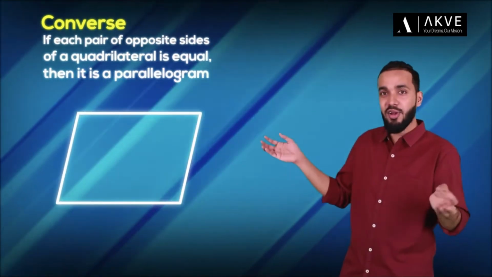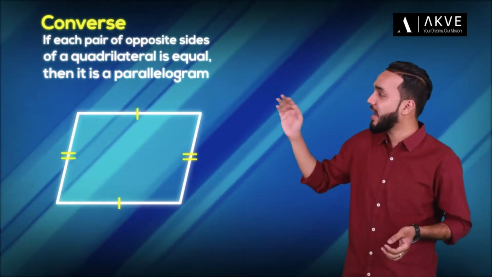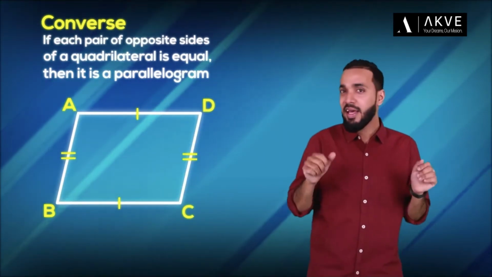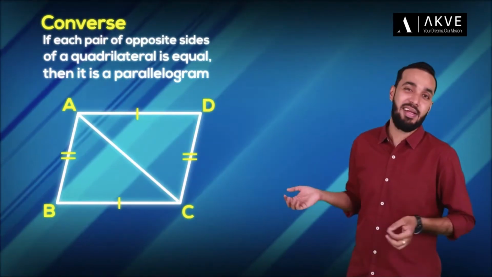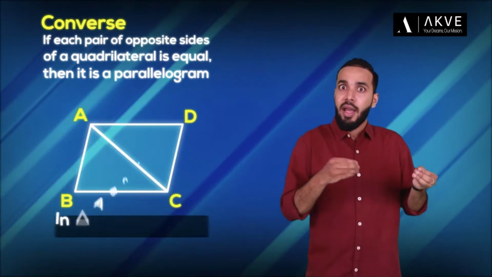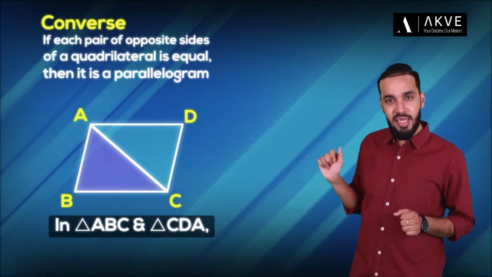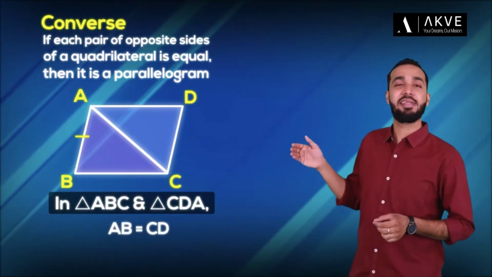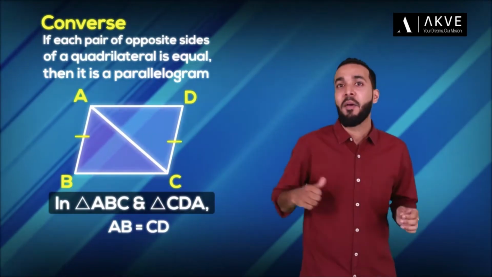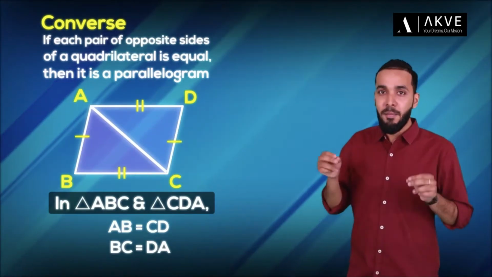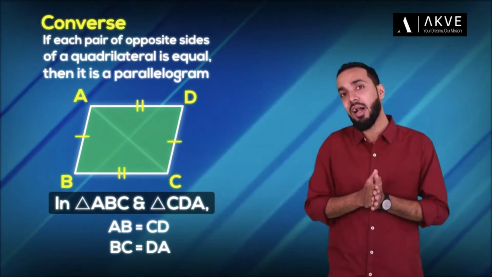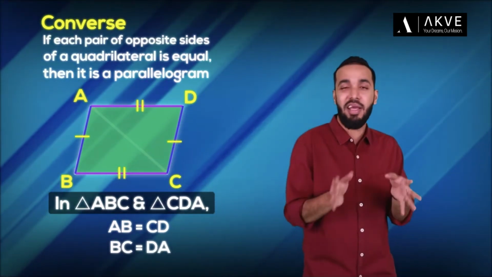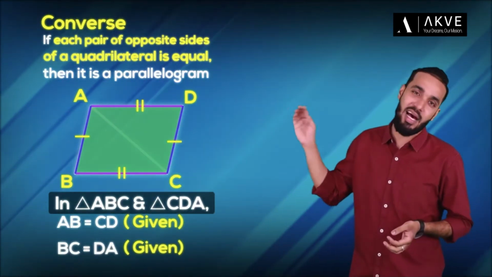So here's a quadrilateral where the opposite sides are equal. Let's name it ABCD and then join A and C to get diagonal AC. Now, in triangles ABC and CDA, we can say that AB is equal to CD and BC is equal to DA because in the quadrilateral, they form pairs of opposite sides and it's already given that the opposite sides are equal.